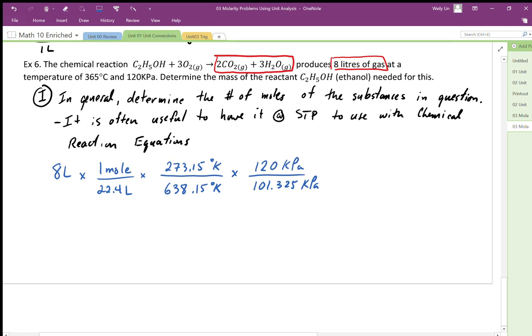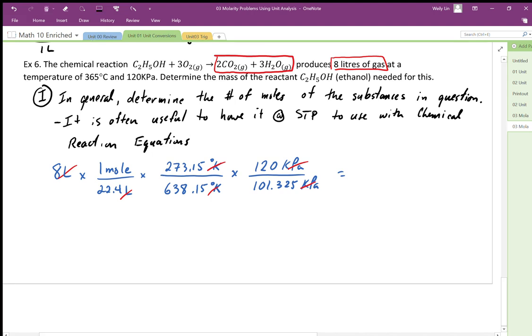A couple of things to note here is that the units of the ratio conversion for temperature and pressure do not change the volume units. So when I do my unit analysis here, the liters cancel out, these cancel out, these cancel out. I'm left with the number of moles of the product gas.